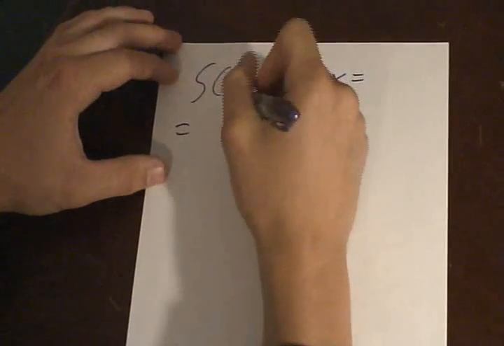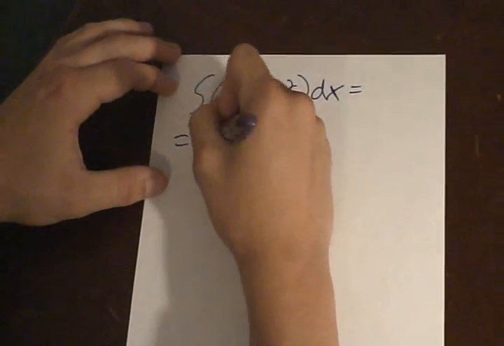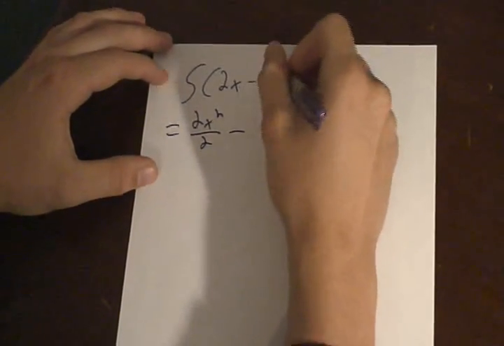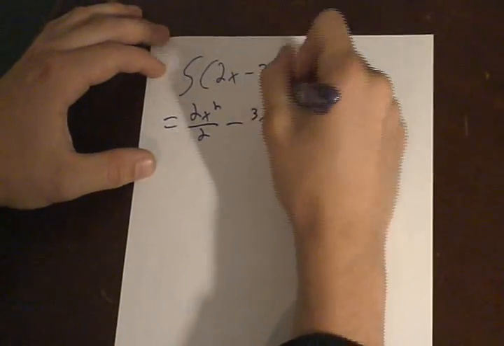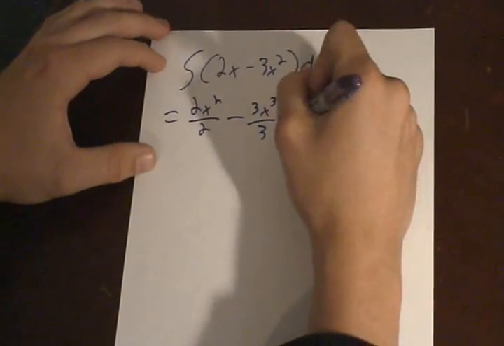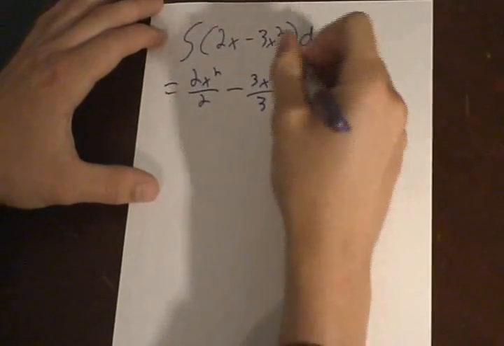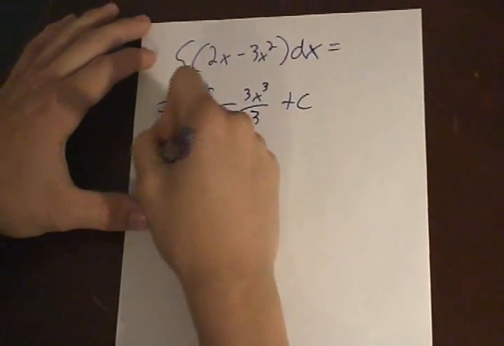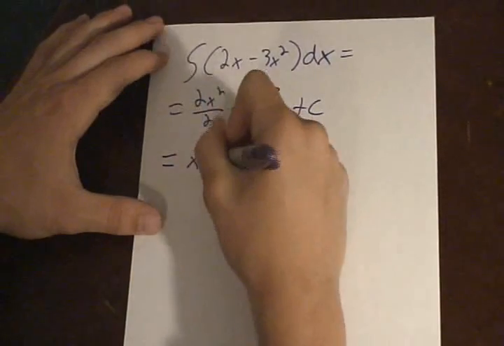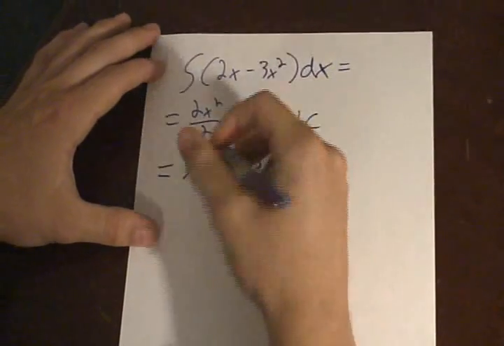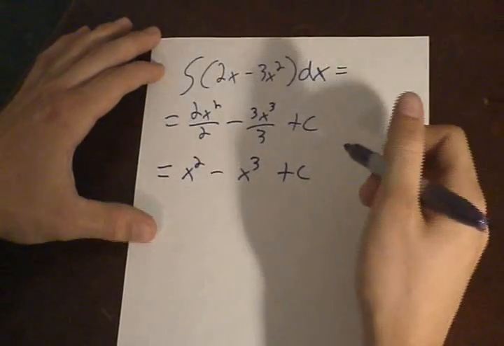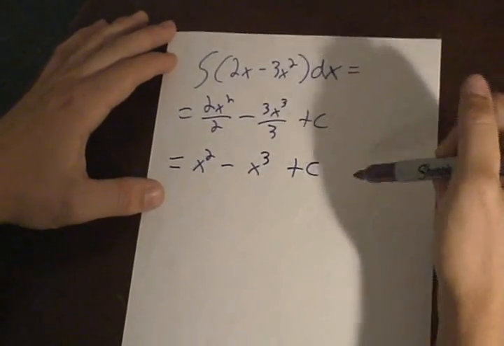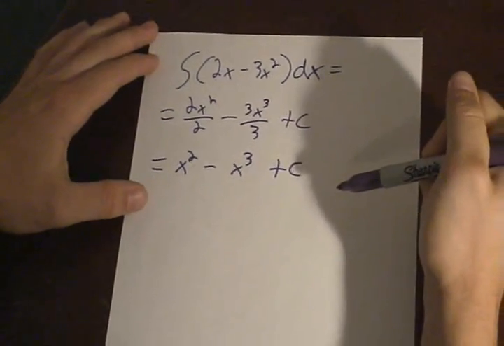So we integrate 2x to get 2x squared over 2, minus the integration of 3x squared to get 3x cubed over 3, plus c to account for what differentiation destroyed in its evil process. Differentiation! So we simplify it down and get x squared minus x cubed plus c. Now we can never quite know what this c is without more data, because differentiation destroyed it completely.